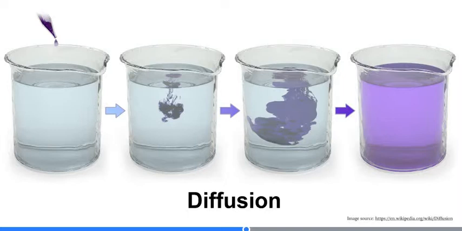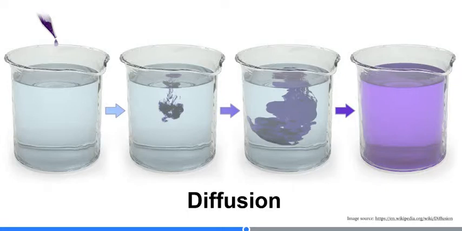When there's more outside than inside the cell, the substance will diffuse across a cell membrane. It might take a little time to get across a cell membrane because of the nature of how it's getting through, but it will continue to move across given the chance until it reaches equilibrium.